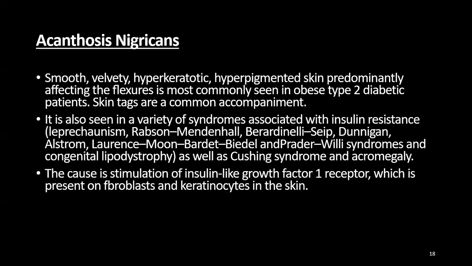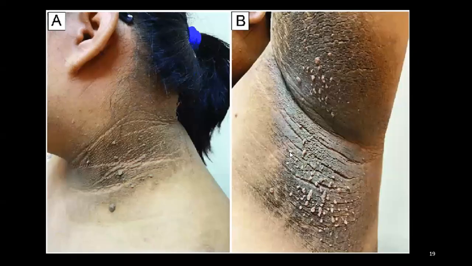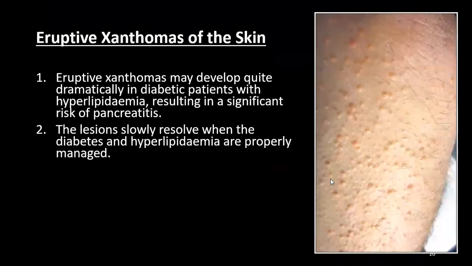The cause is stimulation of insulin-like growth factor 1 receptors, which are present on the fibroblasts and the keratinocytes. You can see this acanthosis nigricans on the neck and in the axilla with overhanging skin tags, multiple skin tags.